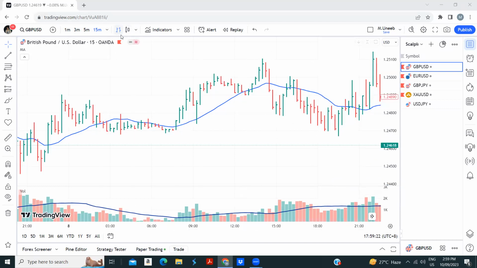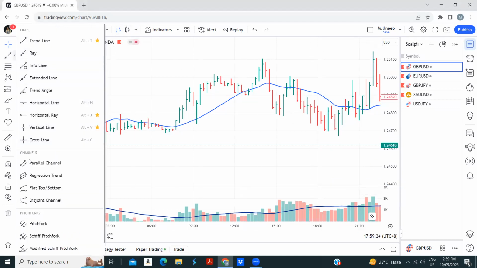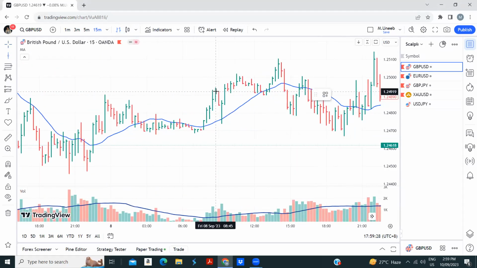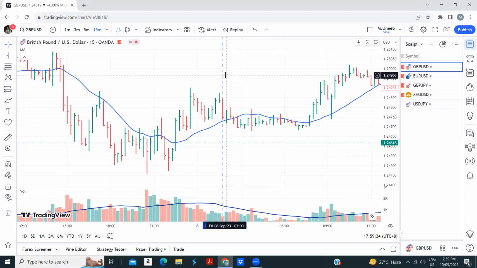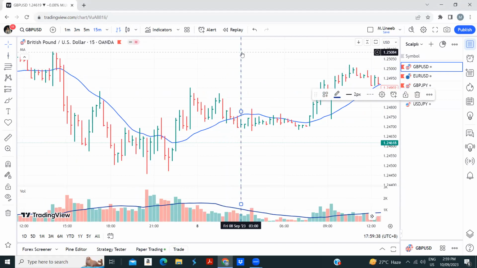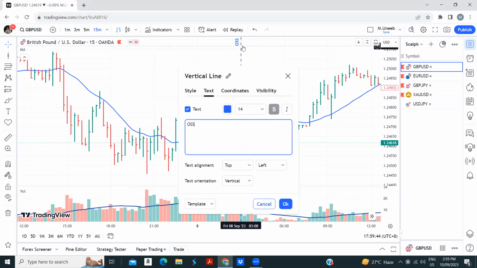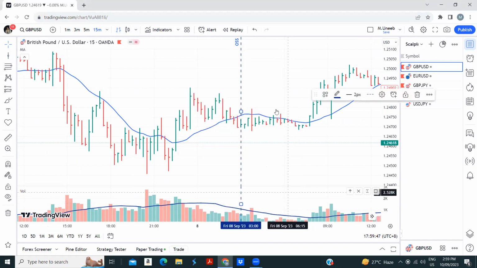So here we have, now let's draw the, just think very carefully about what you are seeing on the structure. Now, where is your OSS for Friday? Here, right? 3 a.m. OSS. And what do you see more now?